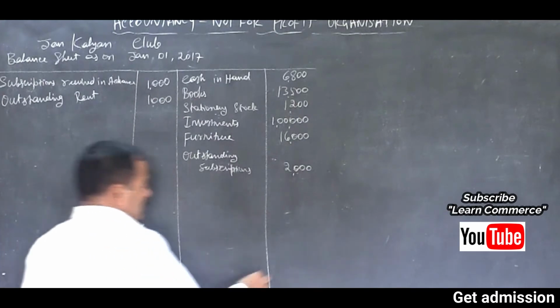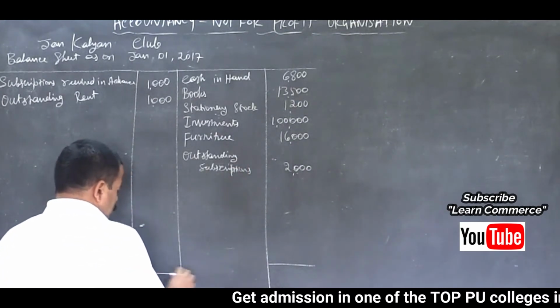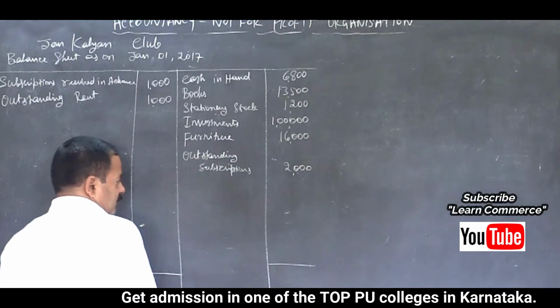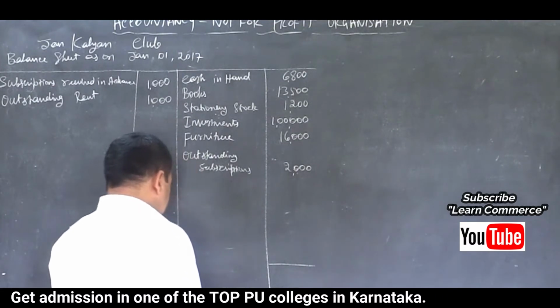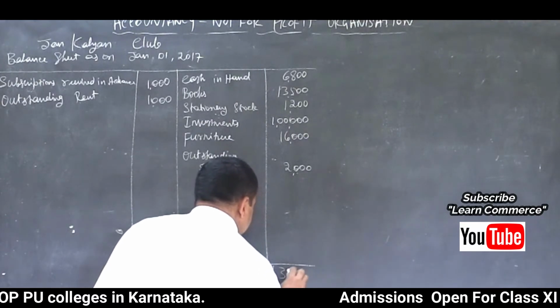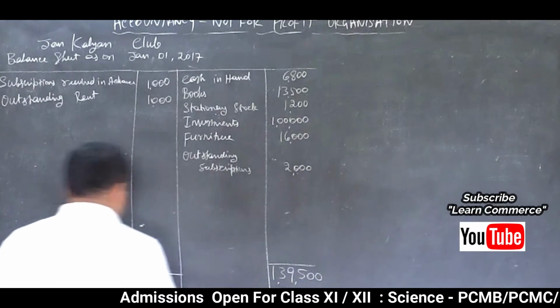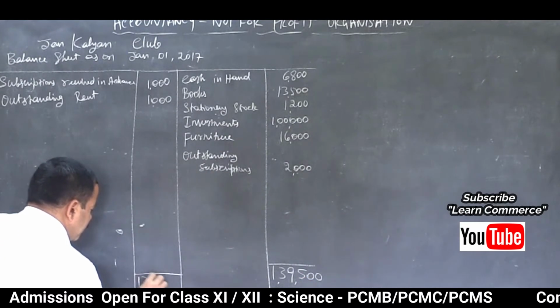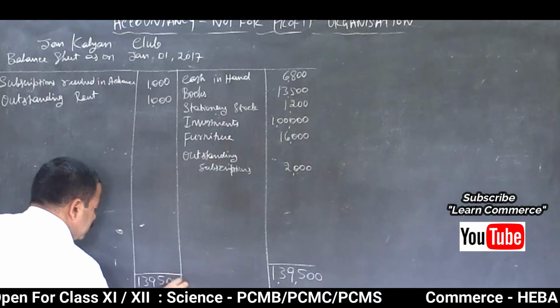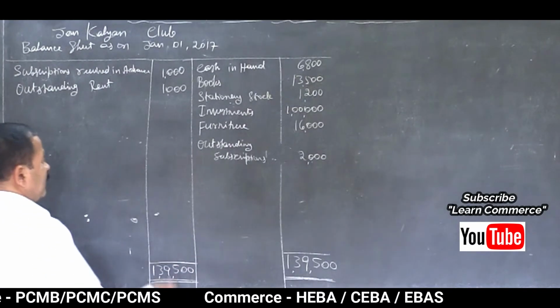Now find out the difference and treat it as capital fund. Opening capital fund. Correct. Total is 1,39,500. Write the same total on the other side. Find out the difference, 1,37,500.